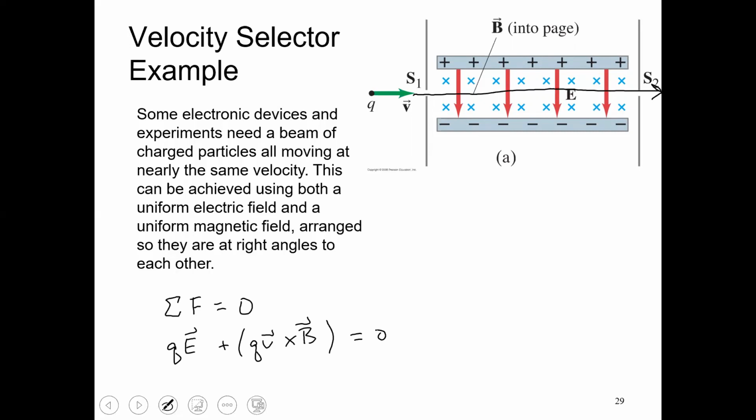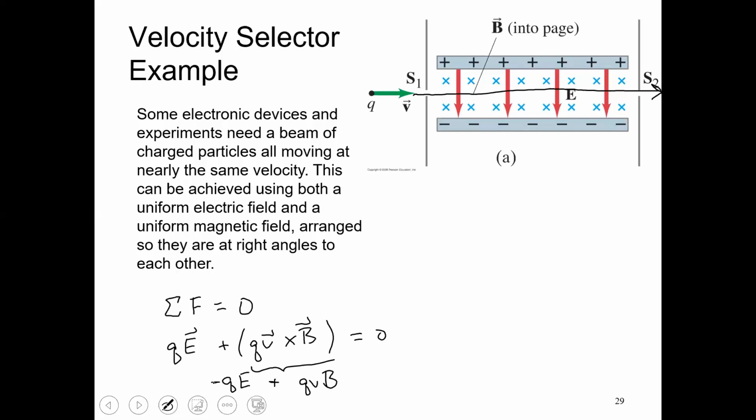So if we are moving so that we have a crossed field, and our velocity is at right angles to our magnetic field, that means we are going to put all of these in the same plane.